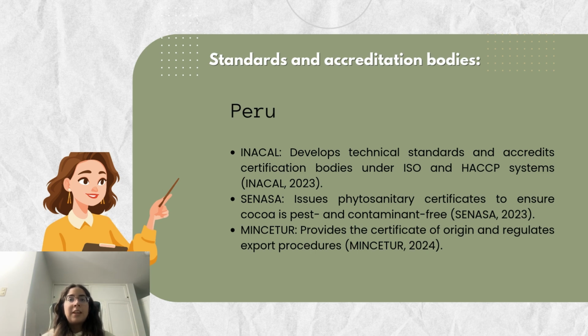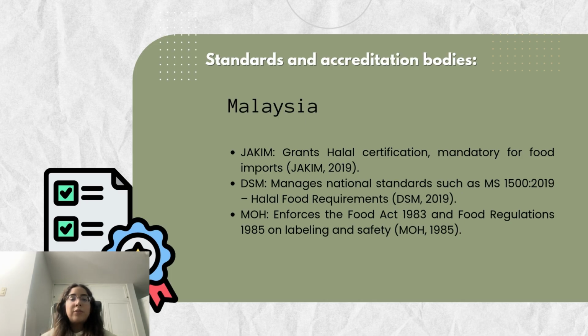Then SENASA checks the cacao before its export, issuing a phytosanitary certificate to confirm that it is free of pests or contaminations. Finally, MINCETUR is in charge of trade regulations and provides the certificate of origin so Peruvian exporters can receive tariff benefits.